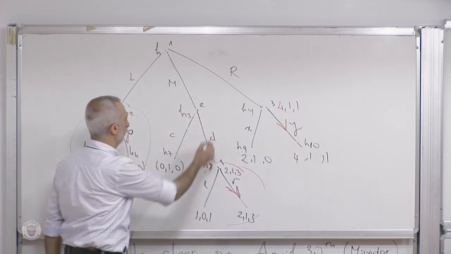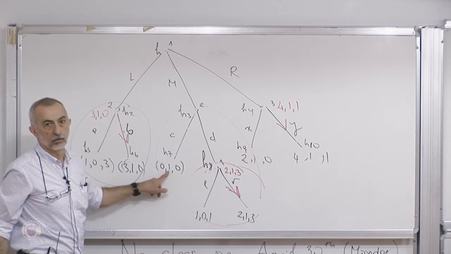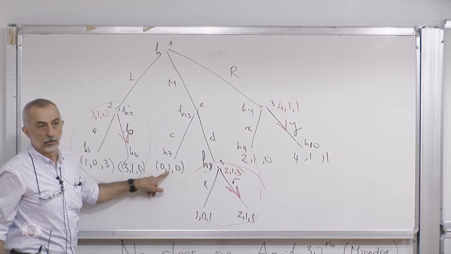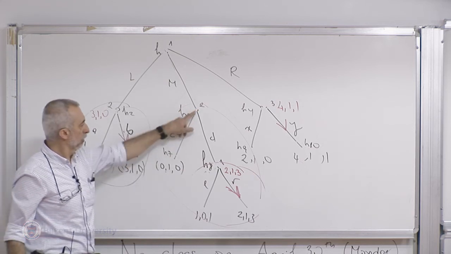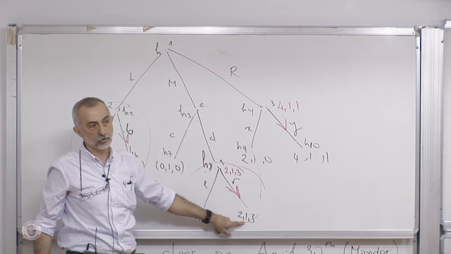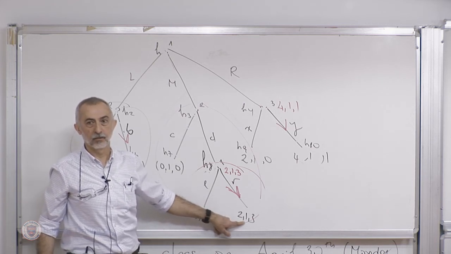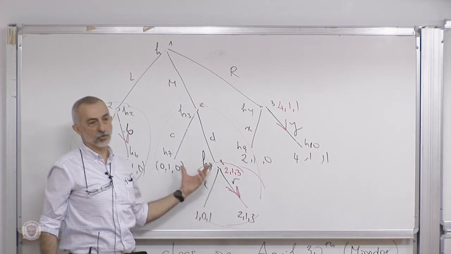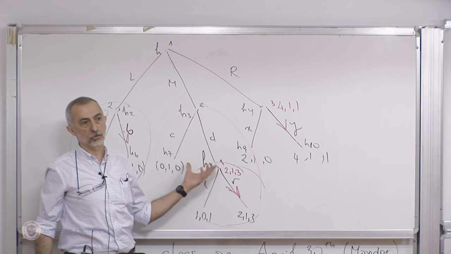Okay. Now, let me look at this subgame. Well, if player 2 takes the action C, his payoff is going to be 1. If he takes the action D, his payoff is going to be 1. Okay? Which means that this part of the subgame has 2 Nash solutions. Okay?